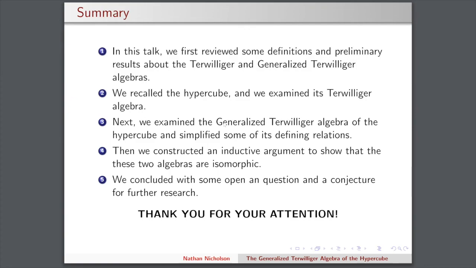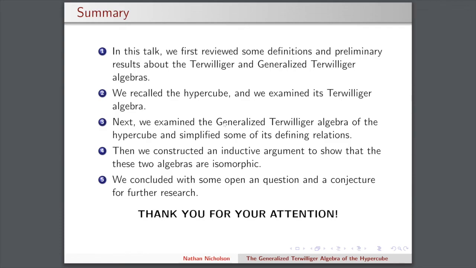Is there some relation that we're missing that always holds for any, let's just say, Q polynomial distance regular graph, that we could add to the list of defining relations for the generalized T algebra to make it closer to, or actually isomorphic to, the concrete T algebra?